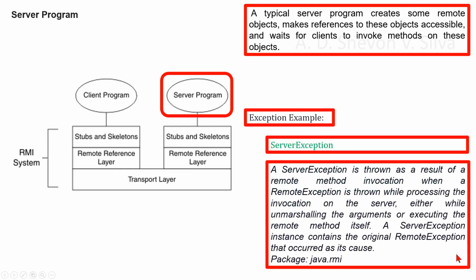As an exception example, we can consider ServerException. A ServerException is thrown as a result of a remote method invocation when a RemoteException is thrown while processing the invocation on the server, either while unmarshalling the argument or executing the remote method itself.